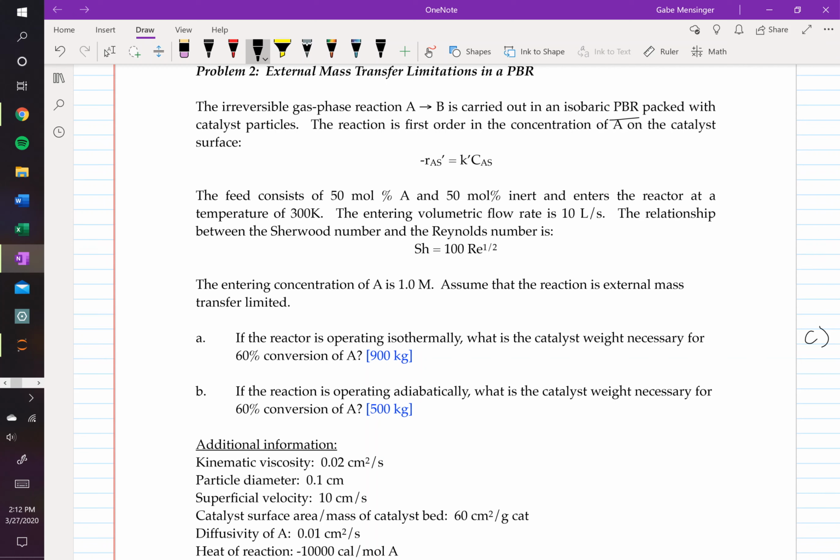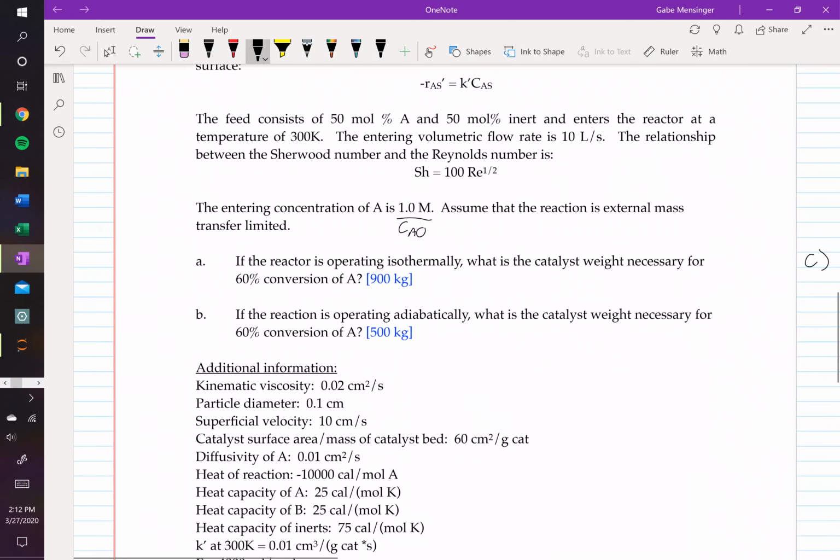The entering volumetric flow rate is 10 liters per second. The relationship between the Sherwood number and the Reynolds number is that. And we know that the entering concentration, or CA0, is 1 molar. Also important on this one, assume that the reaction is externally mass transfer limited.